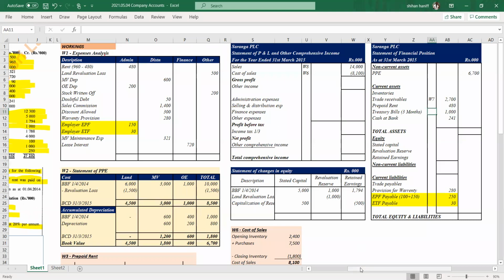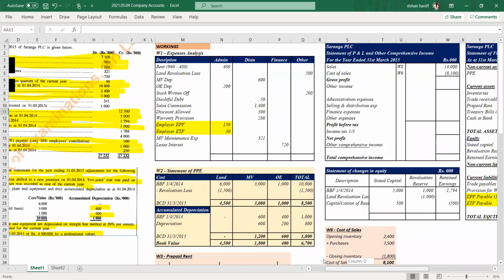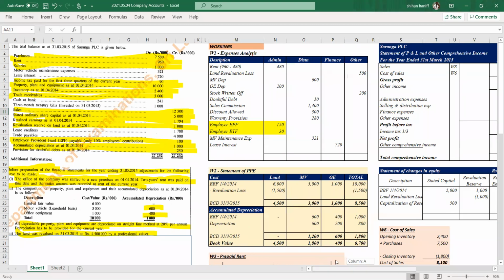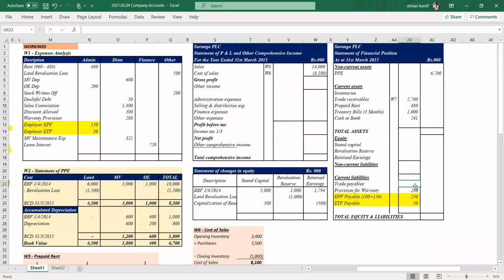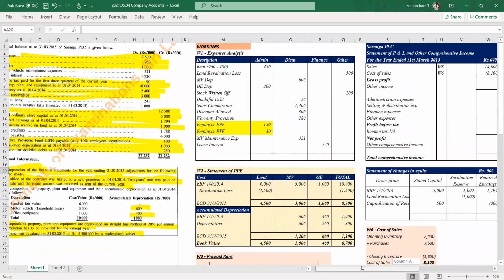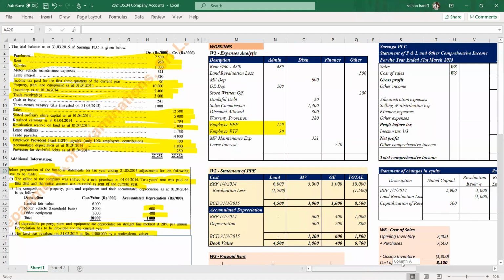Lease creditors 1788. Credit payables 4,000. Lease creditors, let's take it under non-current liability. So that's all we have.